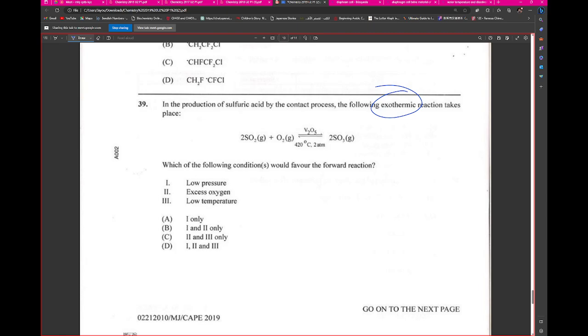If it's exothermic, we need low temperature, right? If we have 3 moles of gas over here and we have 2, if we increase the pressure, we will favor the fewer moles. Therefore, low pressure will not be the answer, and we need excess oxygen. Not true? Yes, sir. All right.